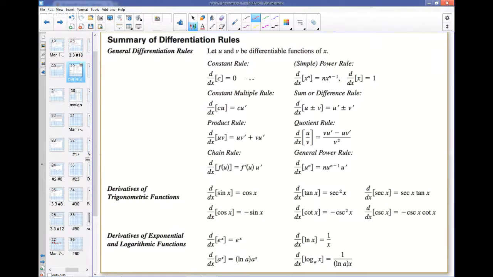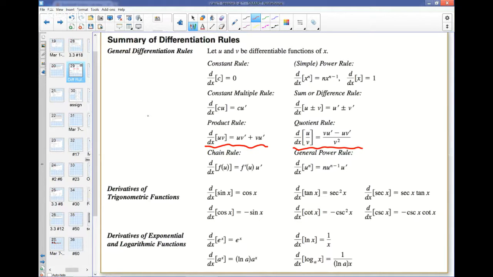The sum or difference rule works just like you want it to: the derivative of a sum is the sum of its derivatives, and difference too. And then we learned in this lesson the product rule and the quotient rule, which I don't know, hopefully you can get their notation there.